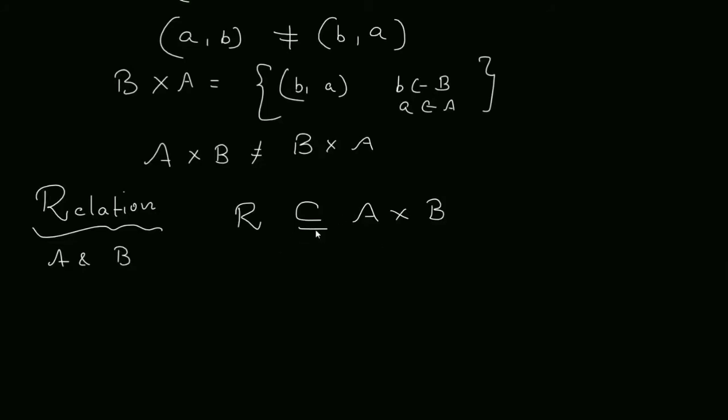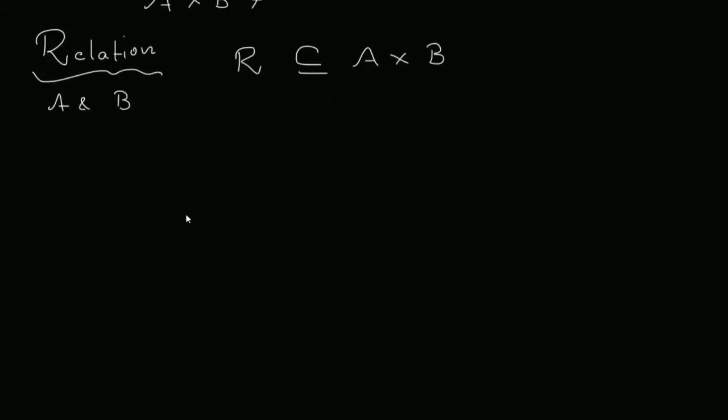So whenever we are asked to form a relation from A to B, then elements of R should be in A cross B. I'll give you an example now. Suppose the set A is 1, 2, 3 and set B we take as 4 and 5. So now I'm going to form a relation.